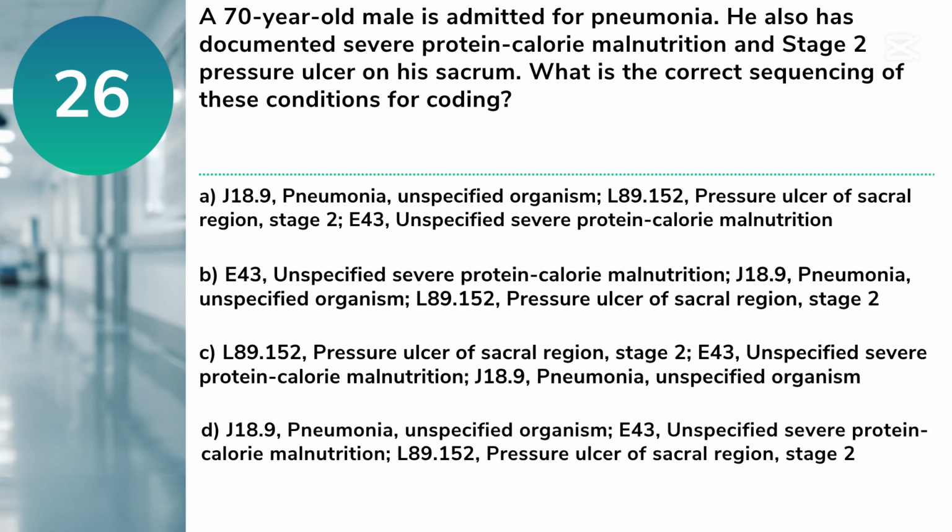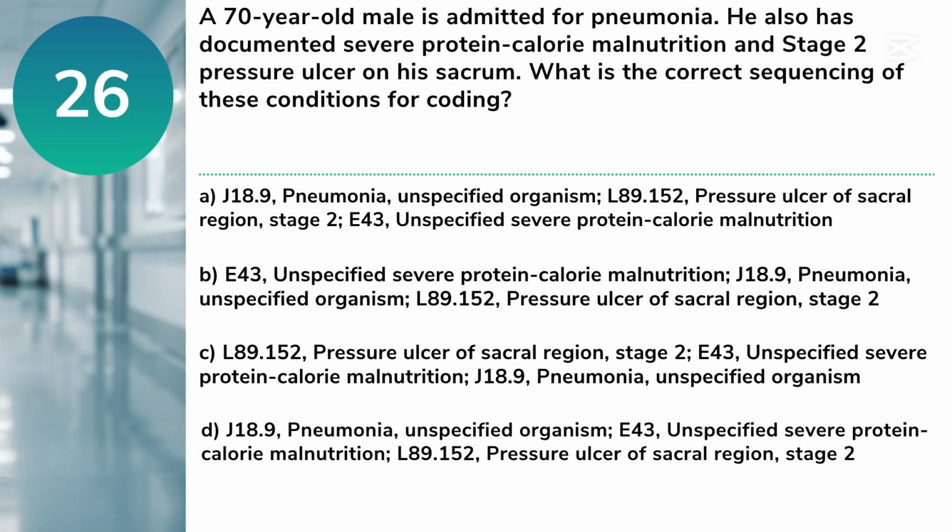A. J18.9, pneumonia, unspecified organism, L89.152, pressure ulcer of sacral region, stage 2, E43, unspecified severe protein-calorie malnutrition. B. E43, unspecified severe protein-calorie malnutrition, J18.9, pneumonia, unspecified organism, L89.152, pressure ulcer of sacral region, stage 2. C.